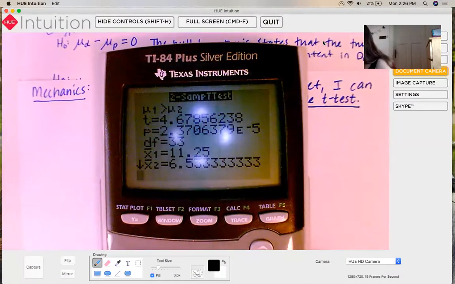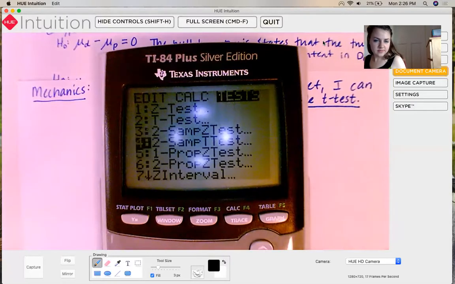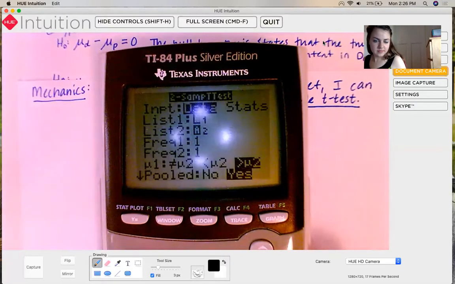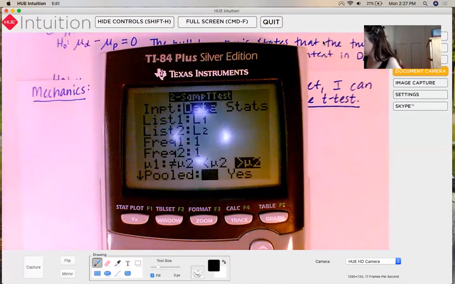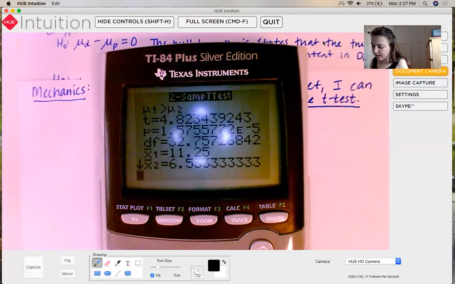Let's see if we get a different answer when we do not pooled. 4.67 versus not pooled. Let's go to calculate. 4.823. Okay, now notice I said not pooled.